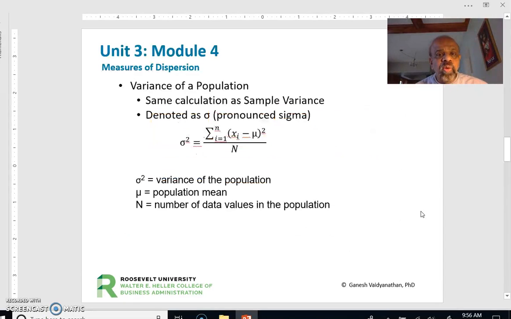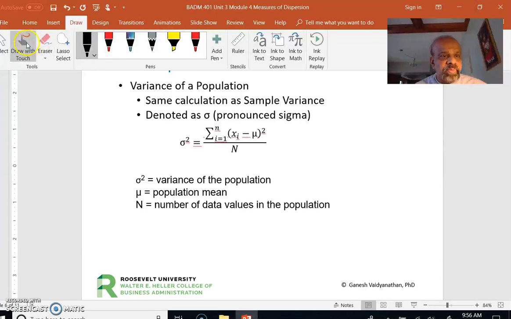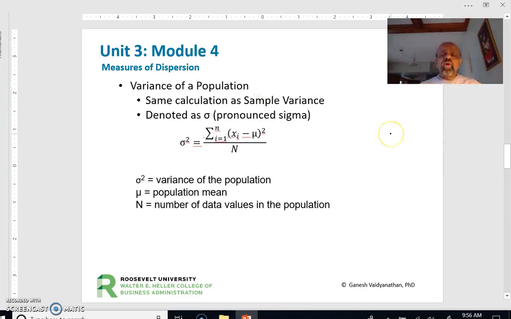Okay, let's do one more thing. Now, the variance of a population. If I take the whole population, in the pizza example, what I did was only for 5 days, but I have ordered pizza 300 times. The 300 times is the population, and the 5 times is just the sample.